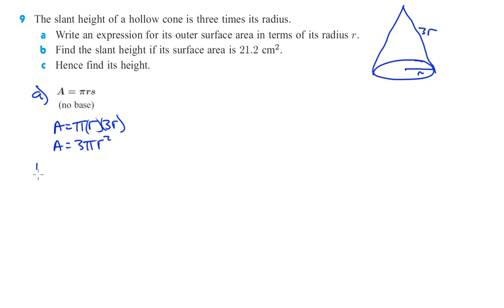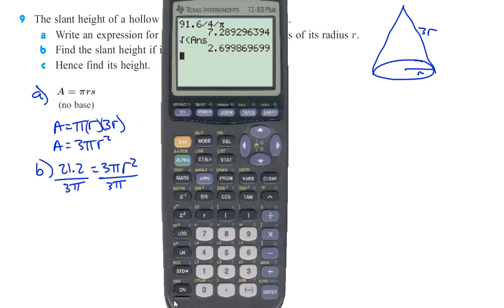Okay, so part B, find the slant height if the surface area is 21.2. So we'd put 21.2 in for our area, equals 3 pi r squared. So we divide both sides by 3 pi. Right? Another way to do that, instead of dividing by 3 and dividing by pi, we can do 21.2 divided by parentheses 3 times pi. So then it'll divide by both 3 and pi.